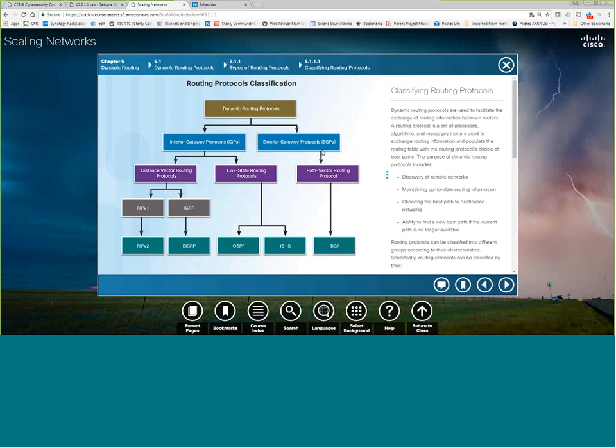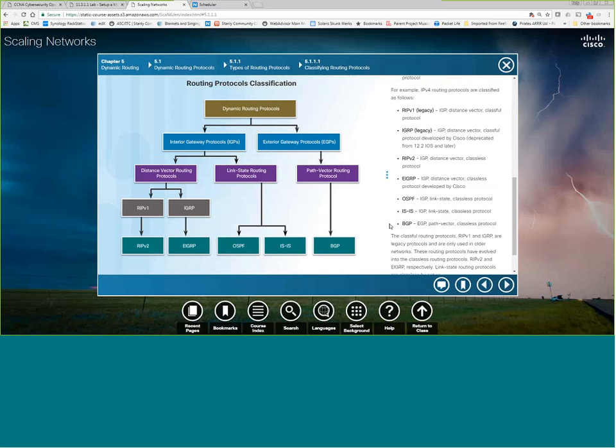And for us, I'll go and tell you straight up, the only one we're going to talk about is BGP. There was in the past a protocol called EGP, exterior gateway protocol, but BGP version 4 especially, has completely taken the place of all other exterior gateway protocols. This protocol that we will cover a little bit in our connecting class, and we'll talk about how to do a simple neighbor relationship with BGP.